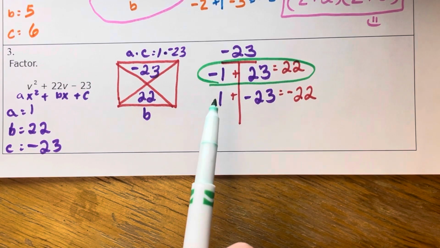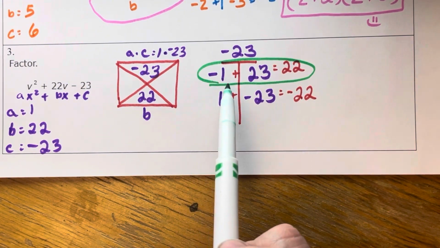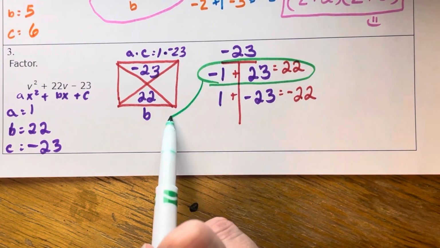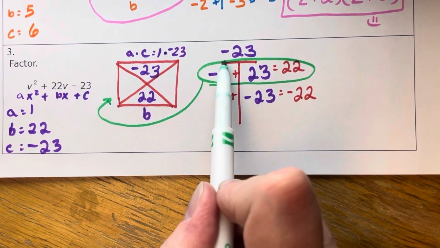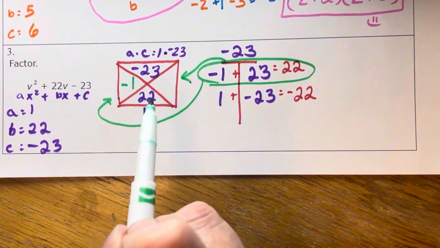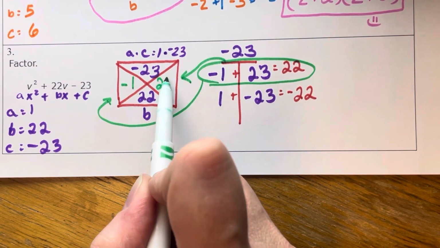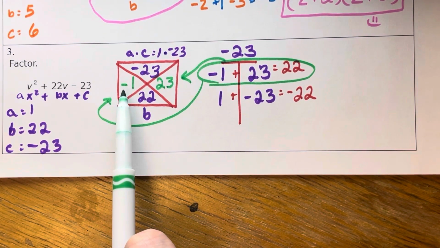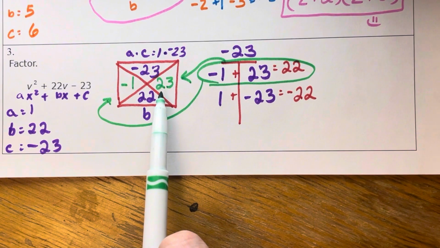So this first factored pair of negative 1 and positive 23, that's who you want. So our negative 1 is going into a wing, and our positive 23 is going into a wing. And yes, again, you can have them switched as long as wherever you have that 1, it's negative, and wherever you have that 23, it's positive.